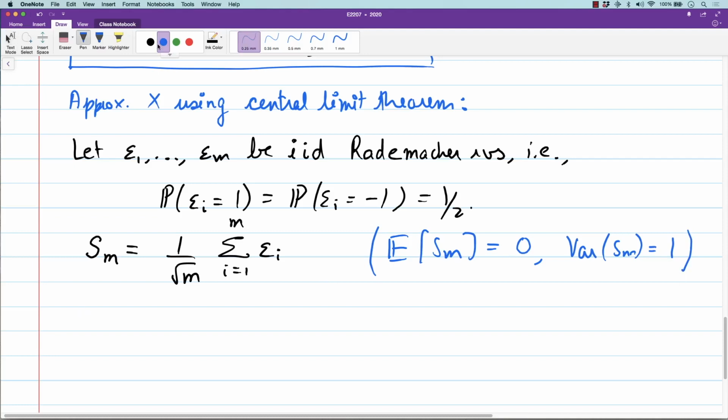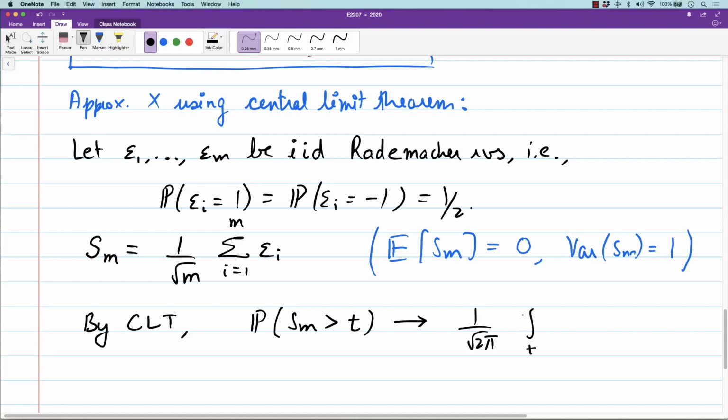So then by the central limit theorem, the probability that Sm is greater than t, for any t, goes to the Gaussian tail function, 1 by root 2 pi integral from t to infinity of e to the power minus x square by 2 dx, as m goes to infinity.